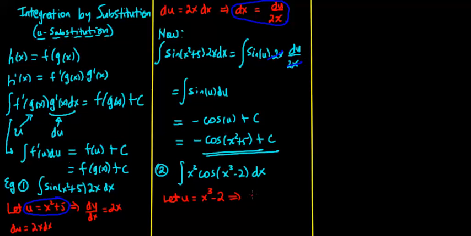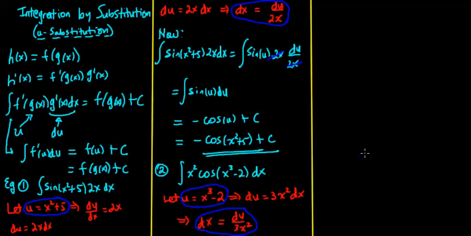Then du becomes 3x squared dx, and solving for dx, that gives you du over 3x squared. Now, these are the two things I need. I need u equals x cubed minus 2, and dx is du over 3x squared.